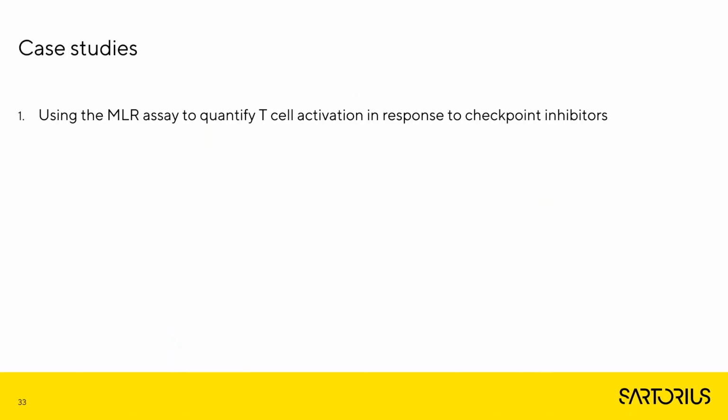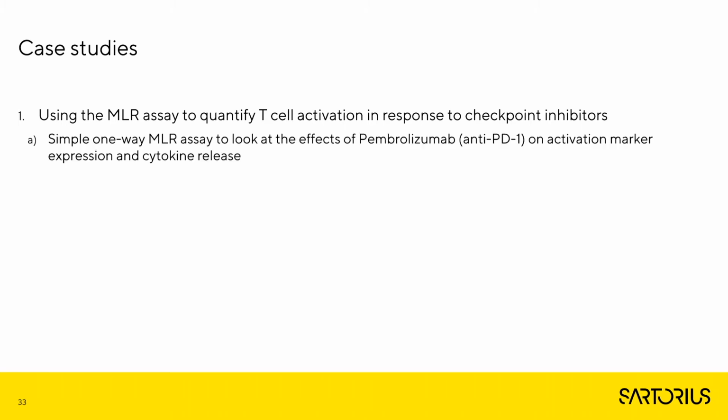So I'm now going to discuss two case studies that use the MLR assay to quantify the response to checkpoint inhibitors. The first case study will look at quantifying T cell activation and will be explored through two different experiments. The first is a simple one-way MLR assay looking at the effects of pembrolizumab, which is an anti-PD-1 checkpoint inhibitor antibody, on activation, marker expression, and cytokine release.